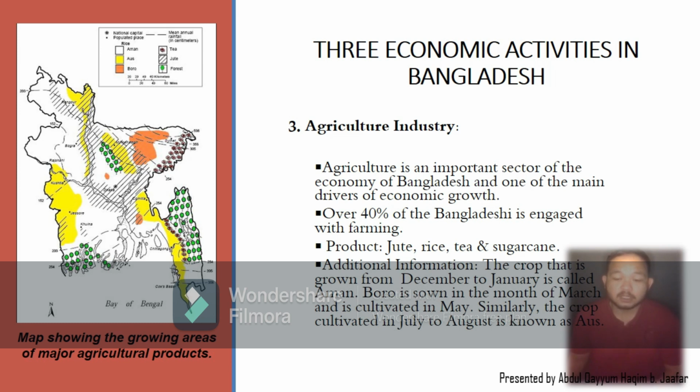Additional information: the crop grown from December to January is called Haman. Boro is sown in March and cultivated in May. Similarly, the crop cultivated from July to August is known as Aus. Here we can see a map showing the growing areas of major agricultural products.